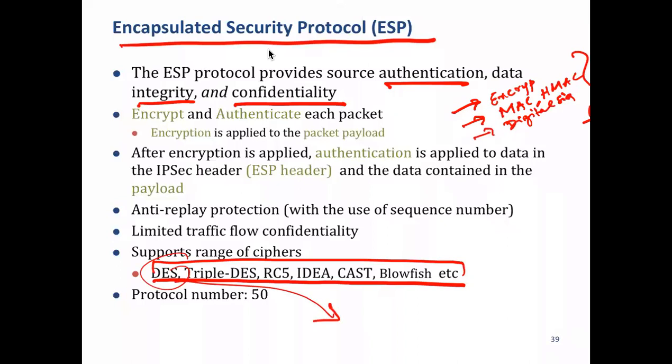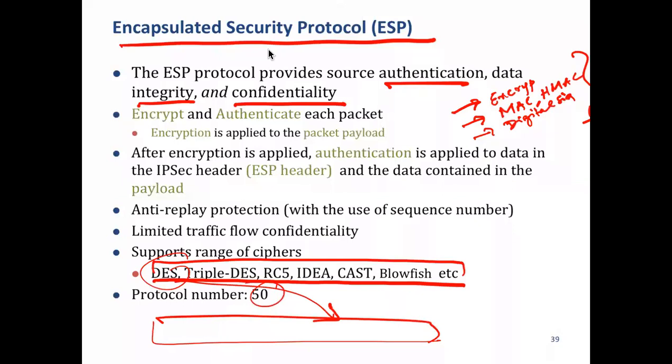And in the packet that we create, note that in the IP packet there is something called the type of protocol field. What kind of protocol is getting inside? For TCP there is one number, for UDP there is one number. Similarly here we are using protocol number 50 as the type of protocol.